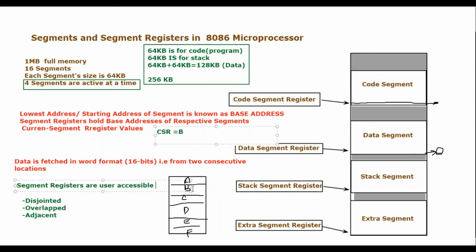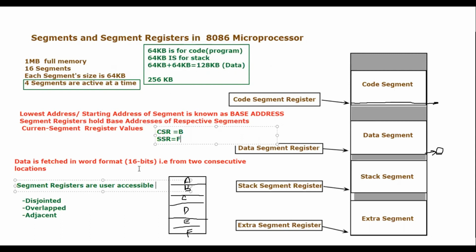If I write SSR, the stack segment register, is equal to F, that means segment F is our stack segment. Similarly, these segment registers can be rewritten and modified by the user, so that these segments can be selected out of 16.